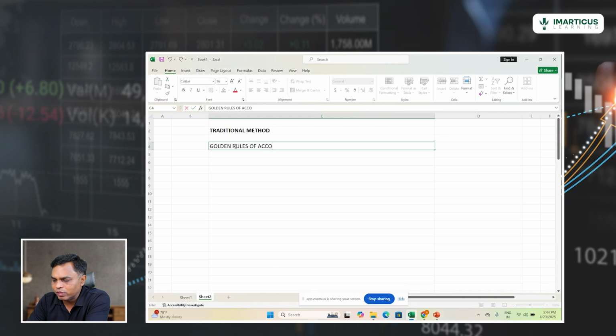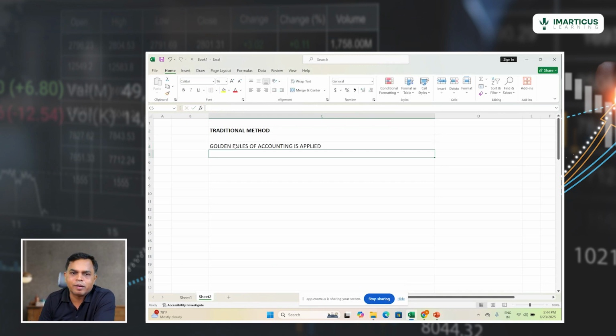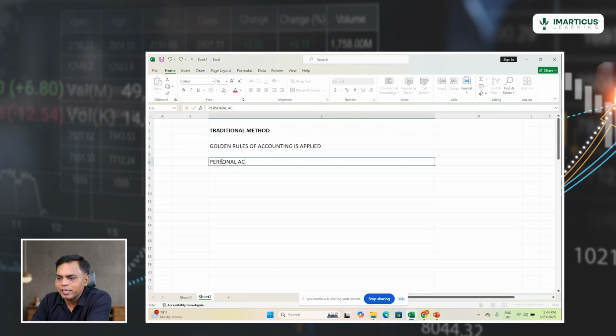These golden rules are applied for recording transactions. Now, what are the three golden rules? The three golden rules are based on three types of accounts. First, there is the personal account. So what is a personal account? A personal account denotes a natural person or a legal person.